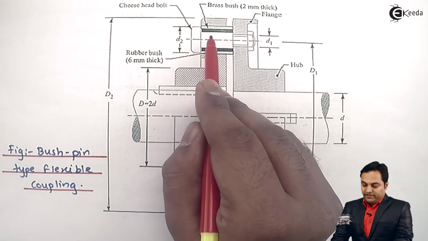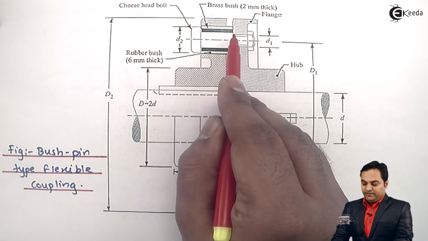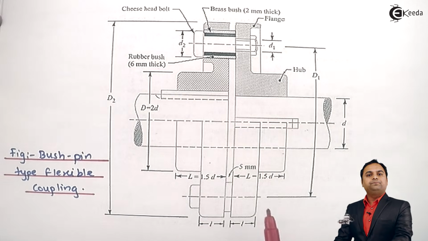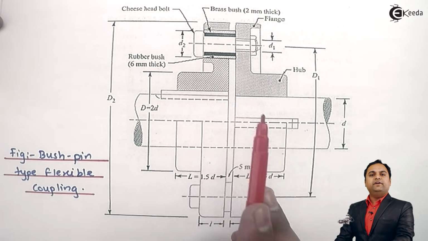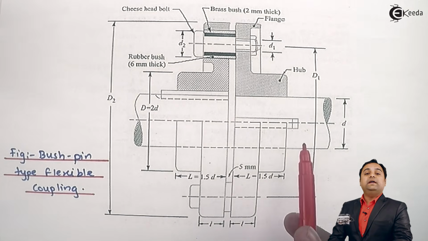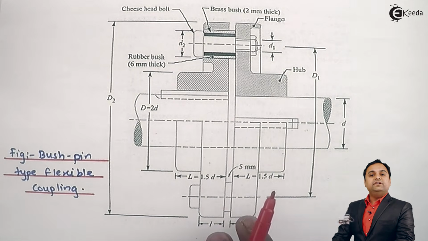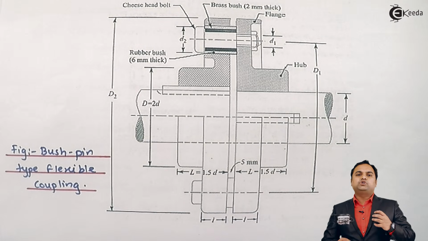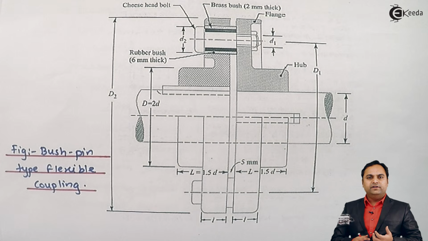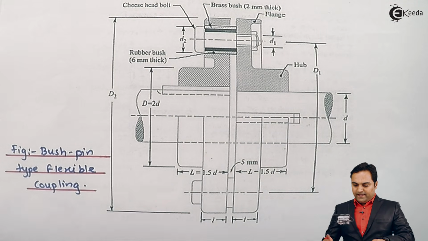At first it is an enlarged portion and then the diameter goes on reducing. So these are called pin and it has bush, that is why the name of the coupling is bushpin type of flexible coupling, and it is used wherein the coupling has to absorb shocks. If there is shock loading, then we go for bushpin type of flexible coupling.